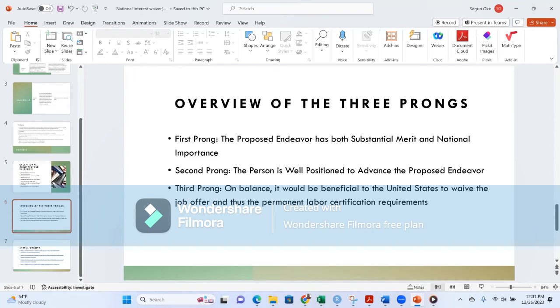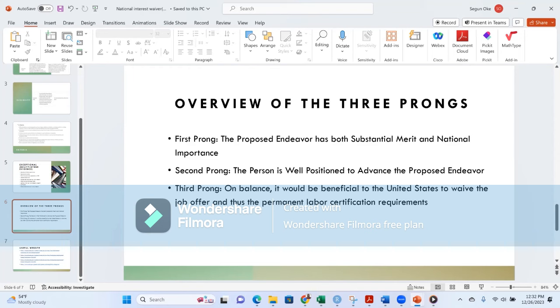I can use my mathematical skill to help the United States reduce the burden on the budget of managing a particular disease by a certain parameter, a certain control. You know, these are the ways to be able to establish yourself in your proposed endeavor.